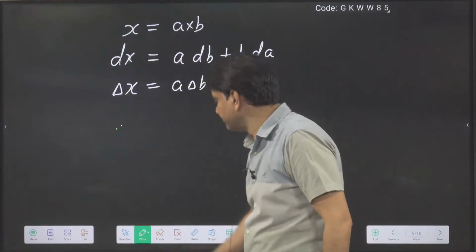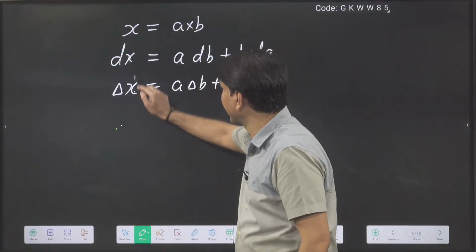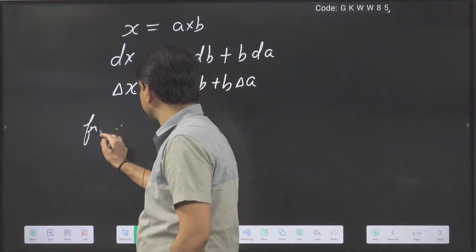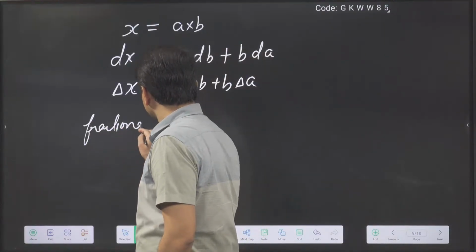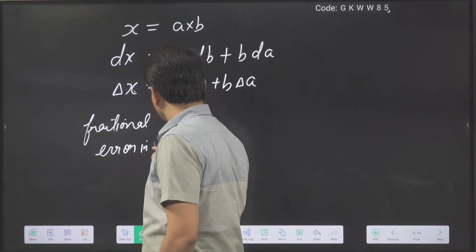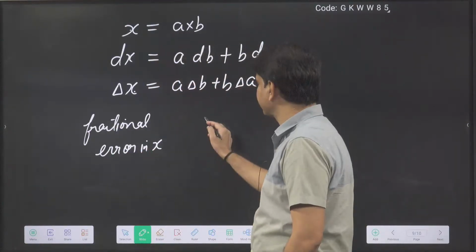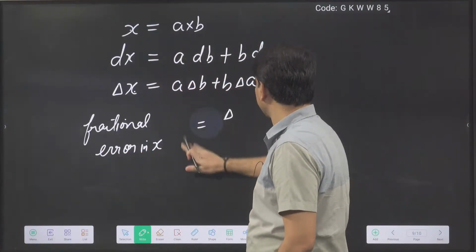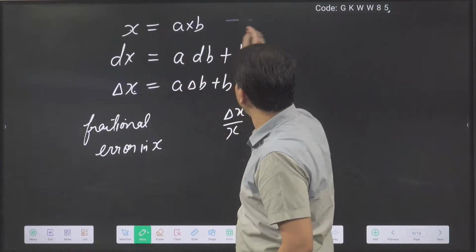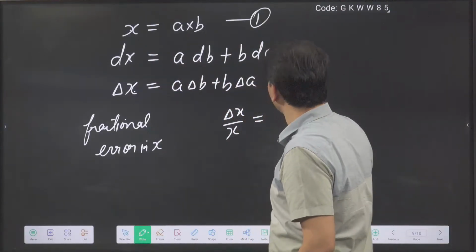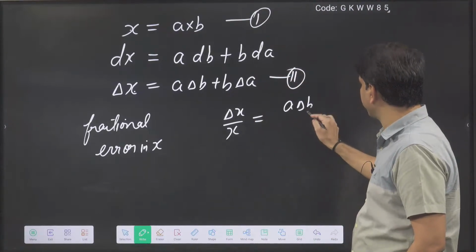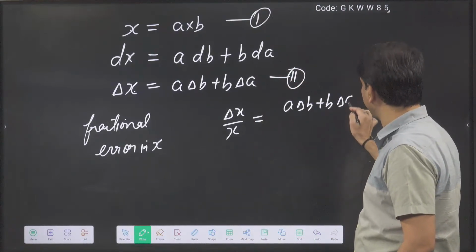Then what will we do? Here you have delta x, here you have x. Suppose I am asking for the fractional error in x. The fractional error in x is delta x by x. Delta x by x is A delta B plus B delta A upon x.